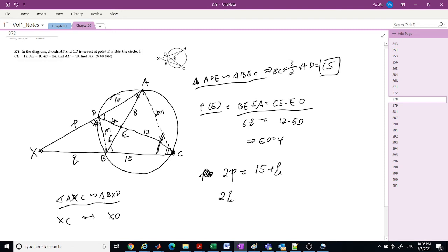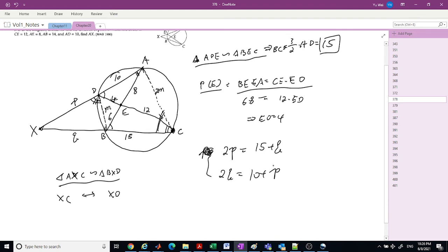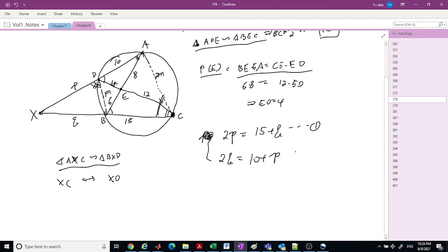Also we know the 2Q, the Q is corresponding to the side of the AX, is 10 plus P. Okay, now we have an equation of the P and the Q, right? Now you can try to solve the equation. Okay, let's do it here. It's 2P minus Q is 15, and negative P plus 2Q is 10.